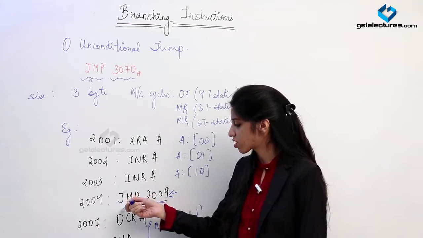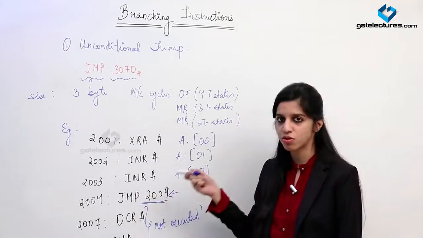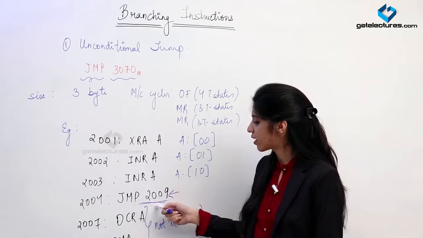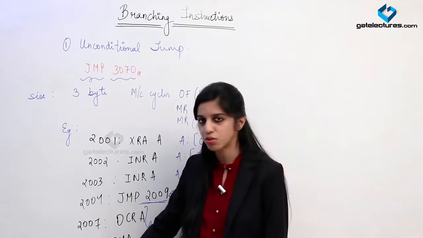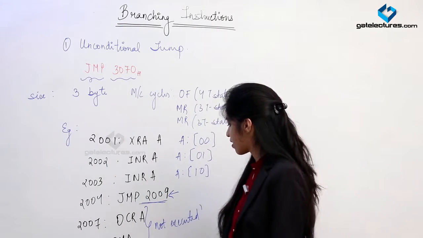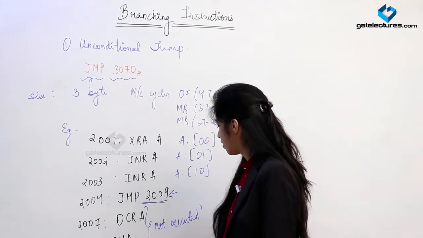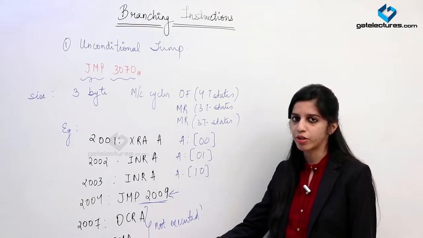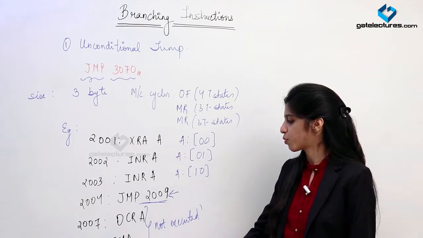But because this instruction JMP 2009 came, the PC value will get overwritten with 2009 and will directly jump to the memory location 2009, which has INR A. So A will get incremented and become 1 1. So the final value of A is going to be 1 1 after execution of this program.